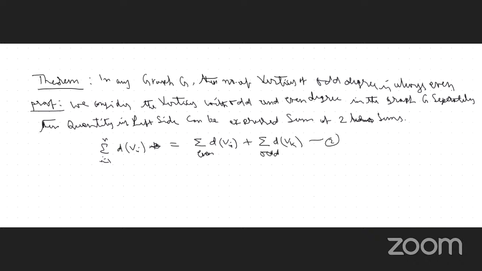By the LHS of 7.2 being an even number, the two expressions on the RHS of 7.2 must both be even. That means sigma over odd d of Vk equals an even number.